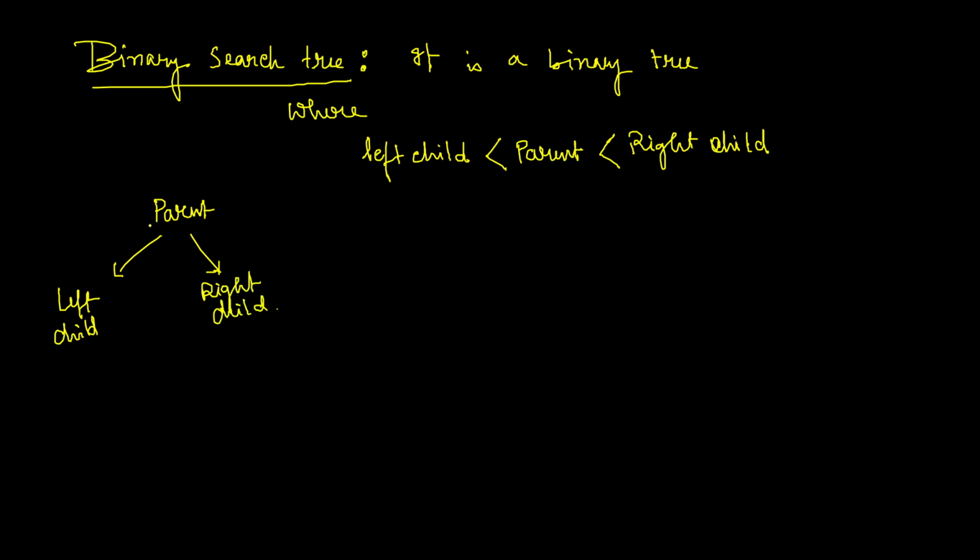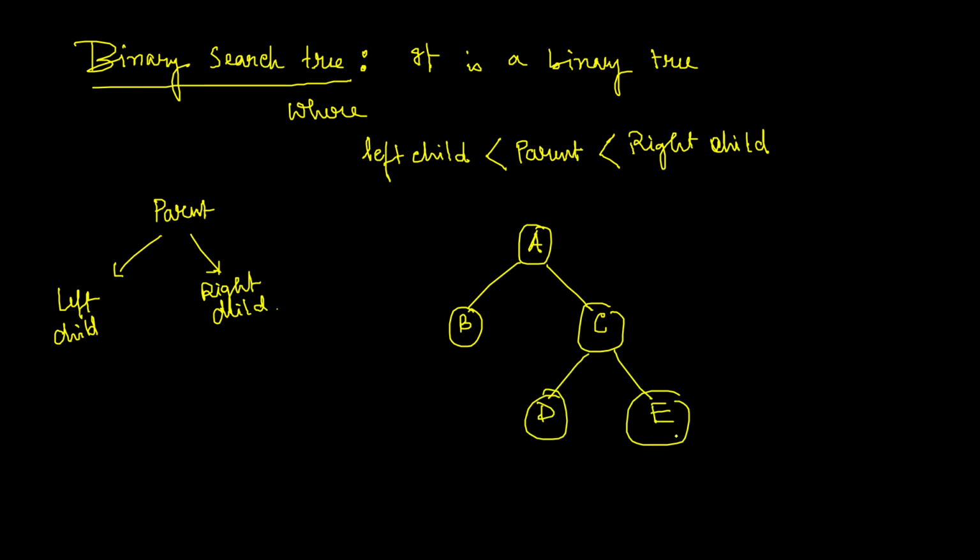By the way, one thing I forgot to tell you: the tree that I am drawing, for example, say B, C, D, E, F, maybe G, like this. Suppose this is some binary tree. And if I consider a binary search tree, doesn't matter, whatever.